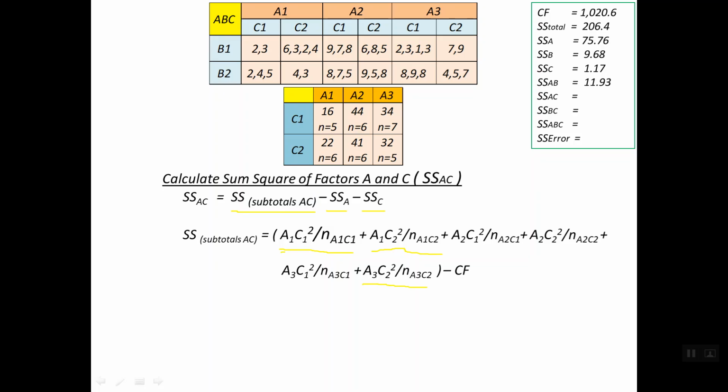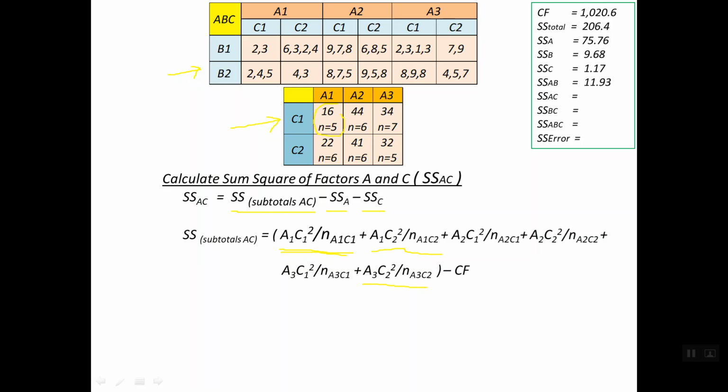So let's understand how to calculate for A1, C1 regarding the summation and the number of observations. All of this data is inside this summary table. A1, C1, here we have a sum of 16 and the number of observations is equal to 5. How do we calculate these two values? We can simply return back to the main table.